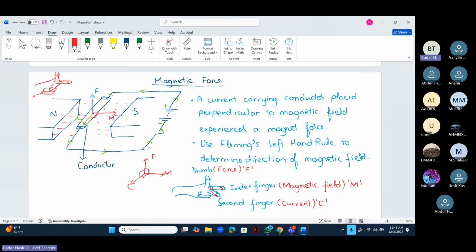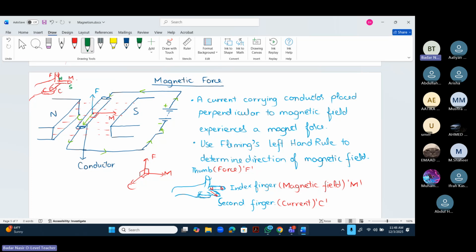So this is the hand basically. तो ये आपके पास force, this is the magnetic field, and this is your current. Okay? So this is how you're going to मतलब put your hand and see कि कौन सा force है, कौन सी magnetic field और कौन सा current है. So magnetic field is traveling from north towards the south. इससे हमें ये पता चल रहा है कि the force on this conductor is in the upward direction.